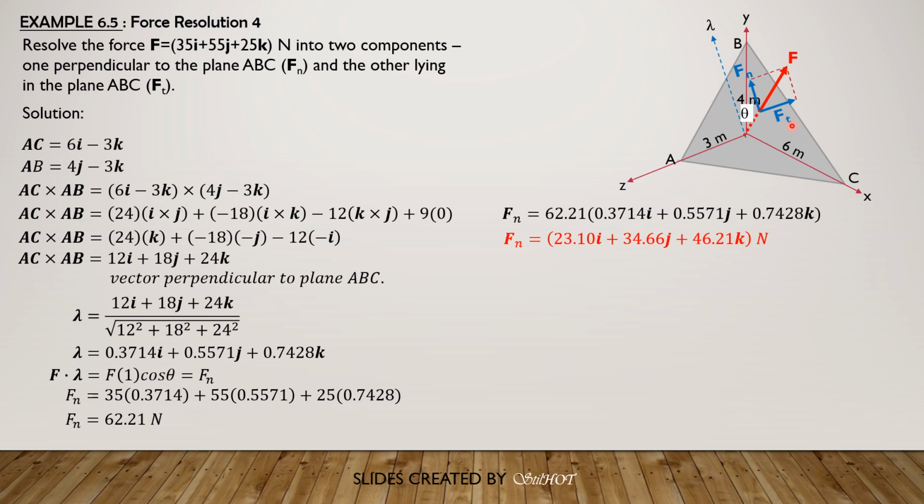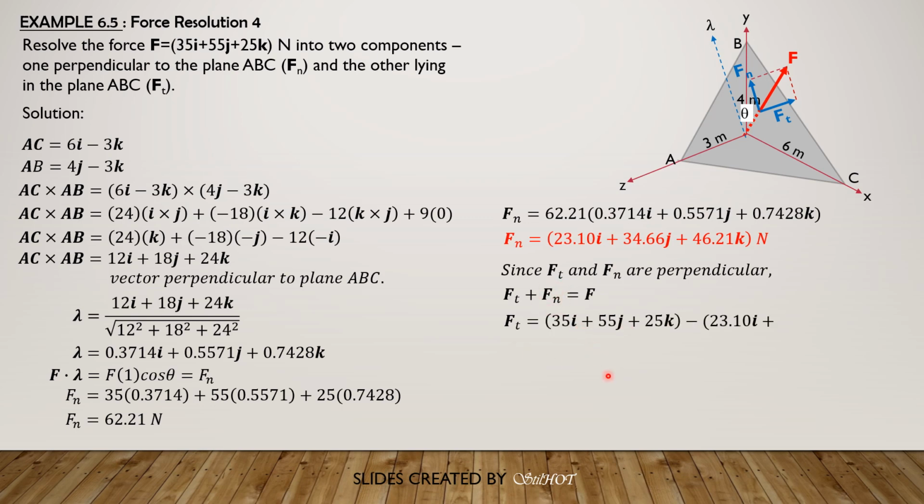Then Ft plus Fn equals F, because Ft and Fn are perpendicular. Substituting the value of F, then minus the value of Fn, we can solve Ft. So Ft is 35 minus 23.1 i, plus 55 minus 34.66 j, plus 25 minus 46.21 k.